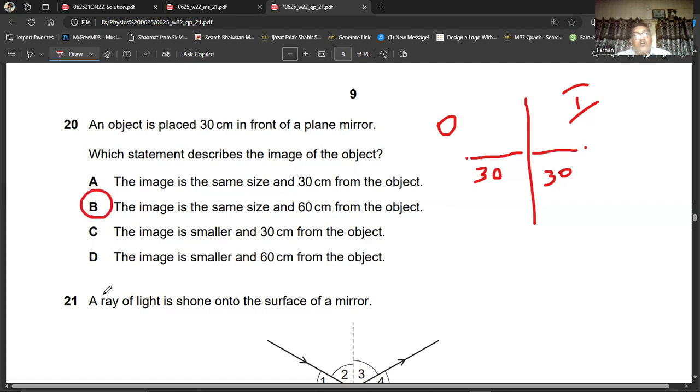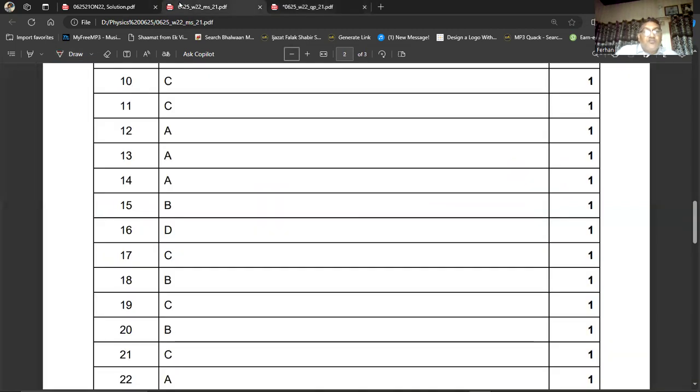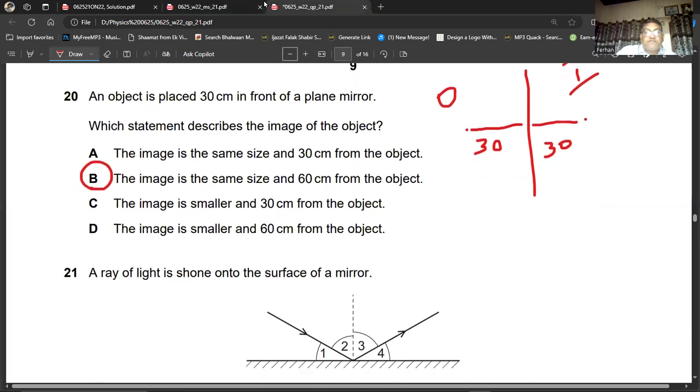No, the image is not smaller, so C and D are wrong. The image has the same size as the object. So in question number 20, B is the right option.